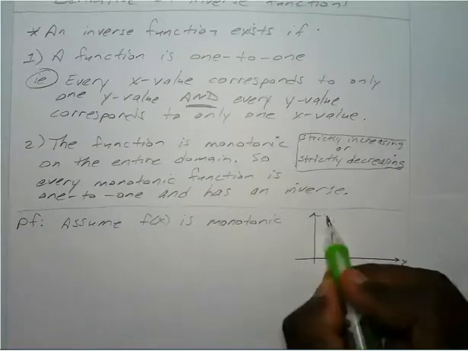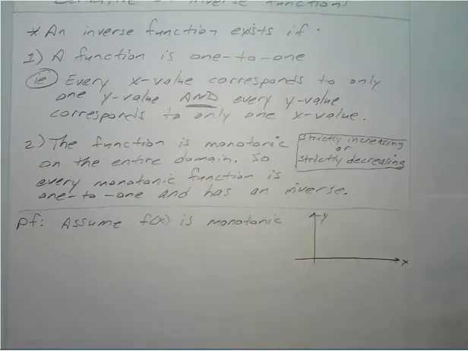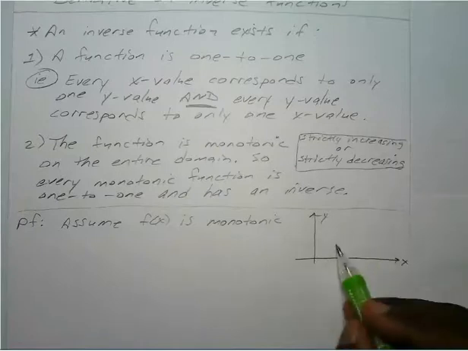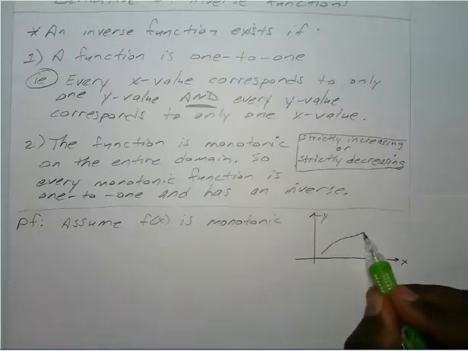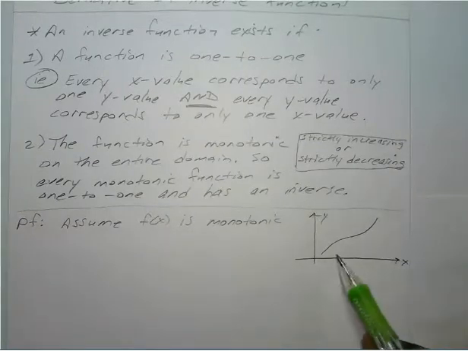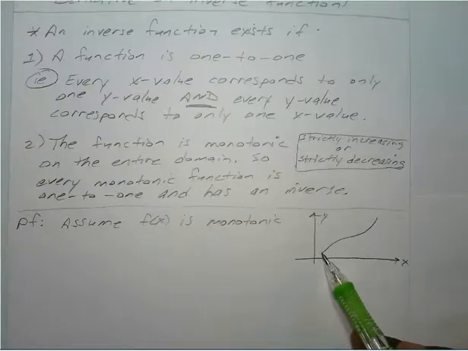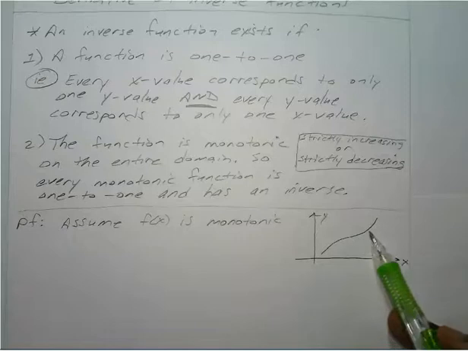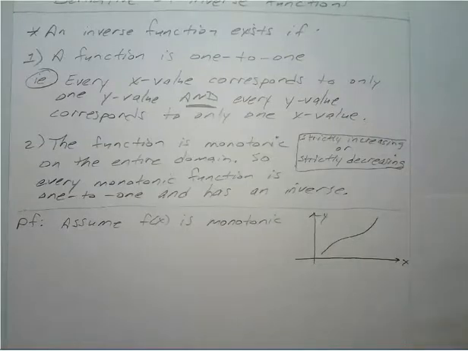Just for the sake of this proof, because you can do the same thing for either, we'll just do increasing. So let's say this graph here is strictly increasing. If you have a point here, the next point of x is going to be higher, and then higher, and then higher. So it's strictly increasing.